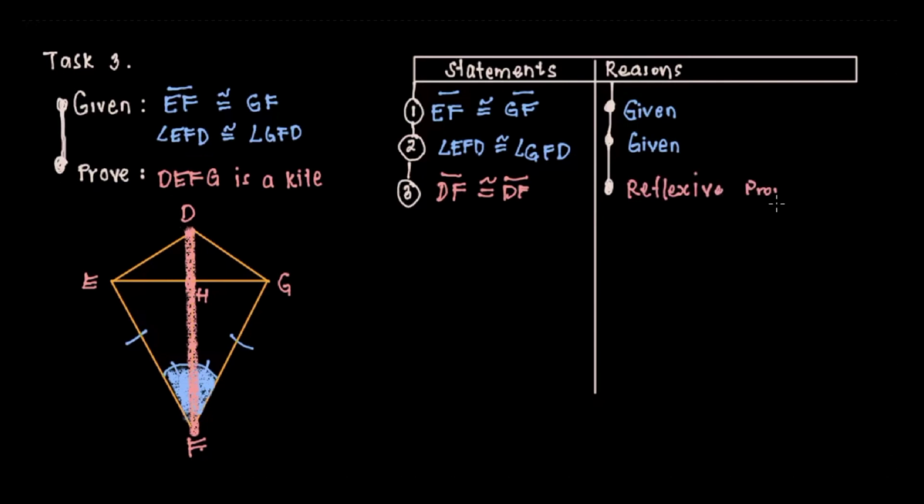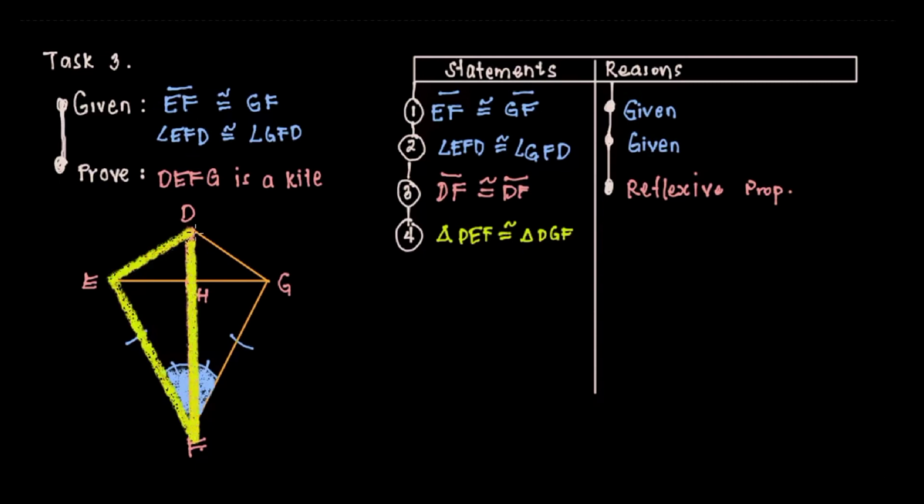So tuwing ginagamit natin yung reflexive property, may nakikita tayong dalawang congruent triangles, tama? So tignan natin kung ano yung makukuha natin dyan. From statement number 4, we can see that triangle DEF is congruent to triangle DGF. Pakita natin dyan. Since may reflexive property tayo, so we have this triangle DEF.